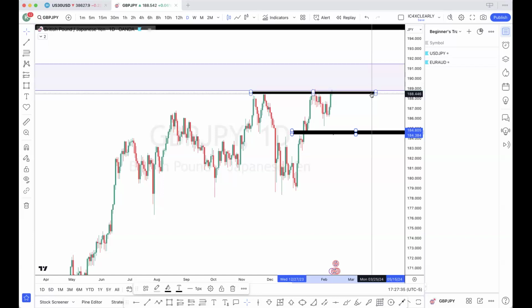And then I fell in love with GJ. So I understand it moves, but you definitely have to know with indices. Indices are not items that I would trade. I would swing trade.